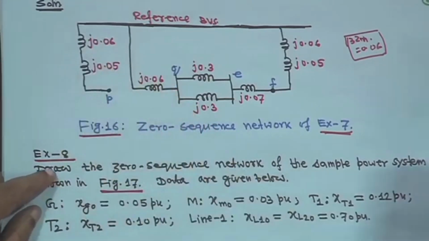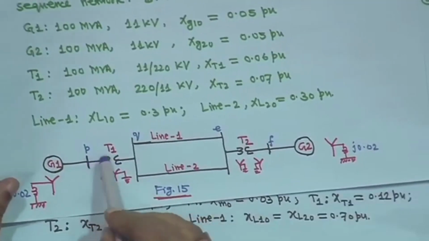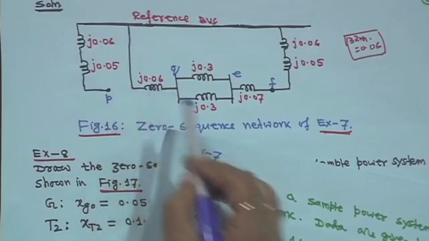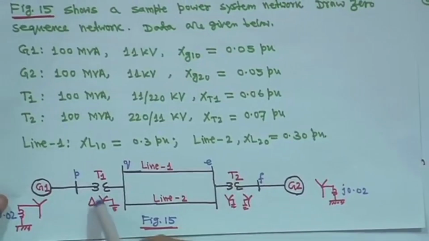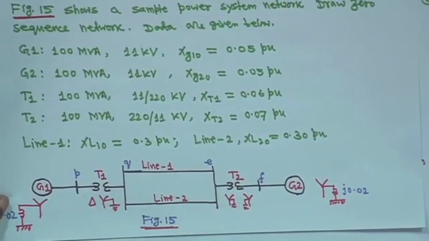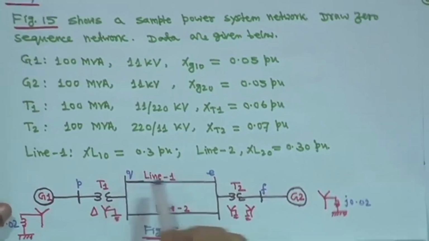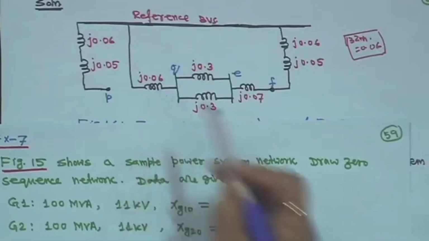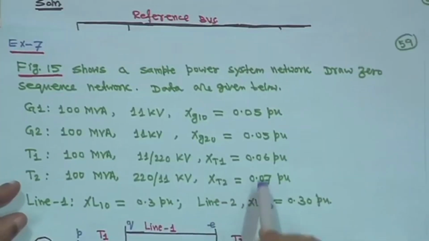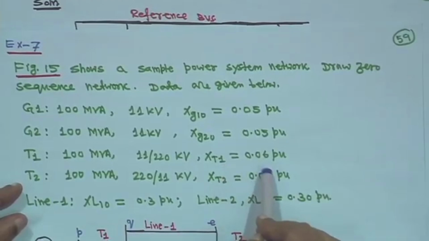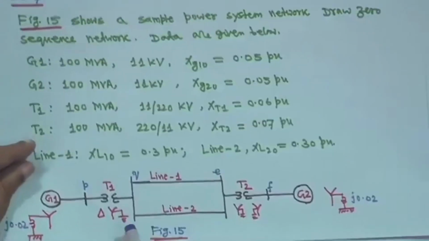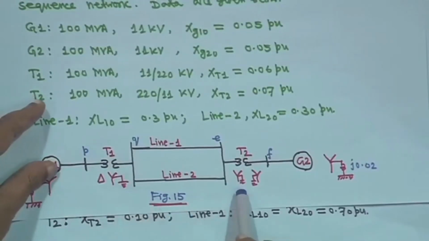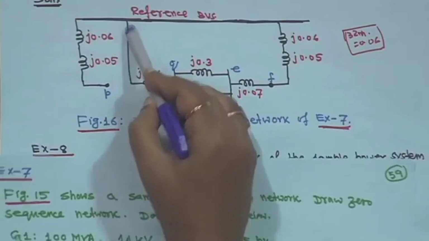Next is the transformer. The P point is open; after that, consider the transformer side. It is delta star, so T1, xt1, is j0.06, as given for transformer 1. Both sides are grounded, so zero sequence current will flow, and that is why it is connected here.